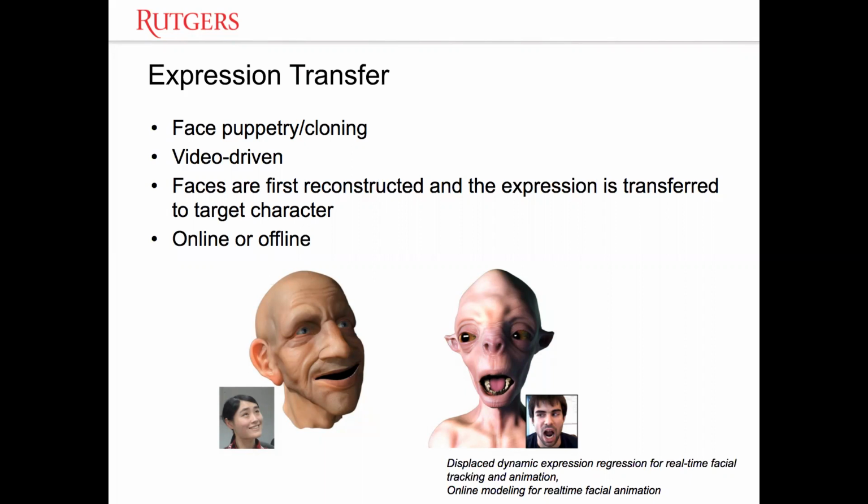And it turns out that this approach can be done on the fly, not just offline, because you already have the mapping between principal components and the blend shapes of the digital characters.